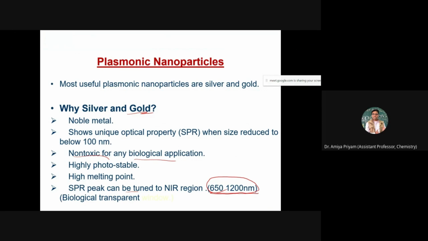Normally, whenever these silver or gold nanoparticles are used for therapeutic purposes, we have a trigger in the form of laser light. Even a visible laser would be damaging to the healthy cells if it is absorbed by them.